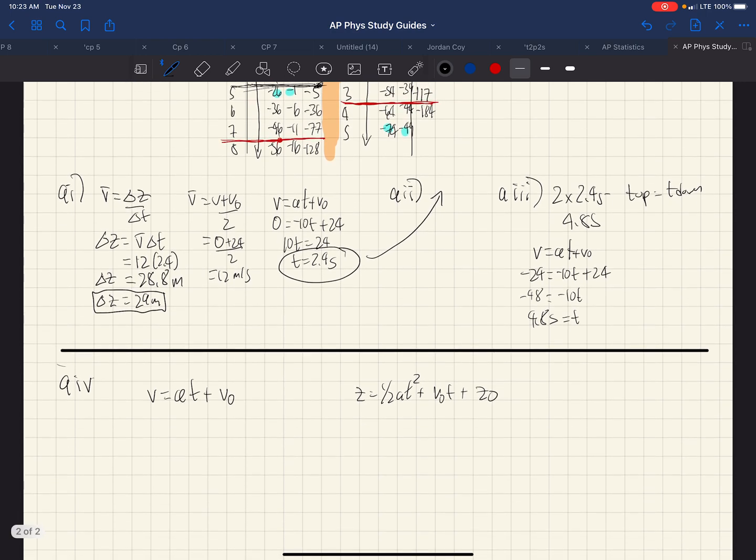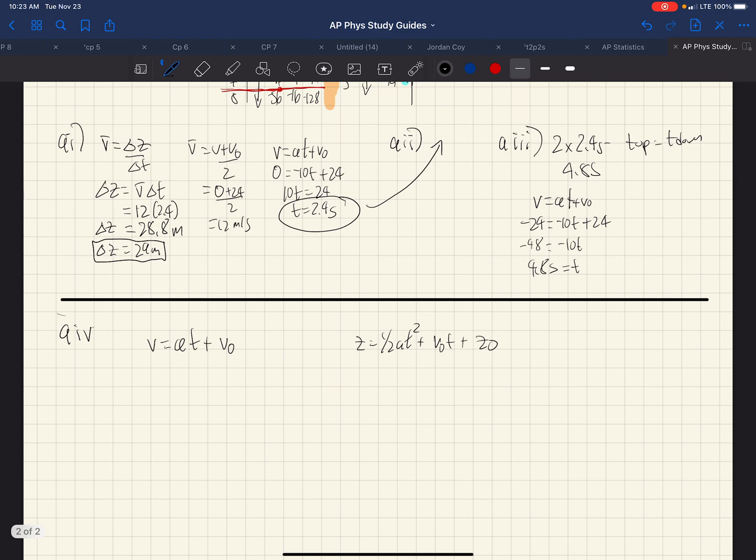Now we set the initial position to be 0, and we want to know when it reaches the ground, which is minus 120. So we have 1/2 times minus 10 t squared plus 24t, and the initial position is 0. So we want to know when minus 120 equals minus 5t squared plus 24t.